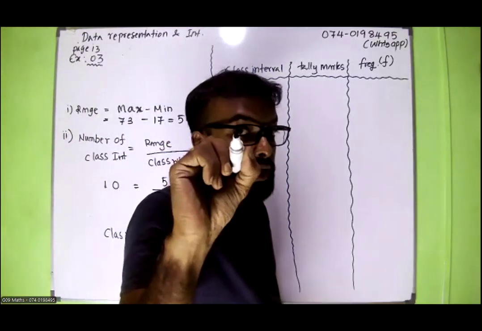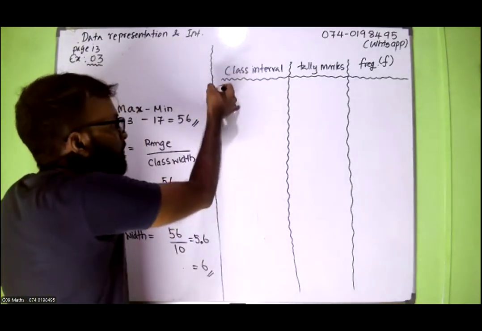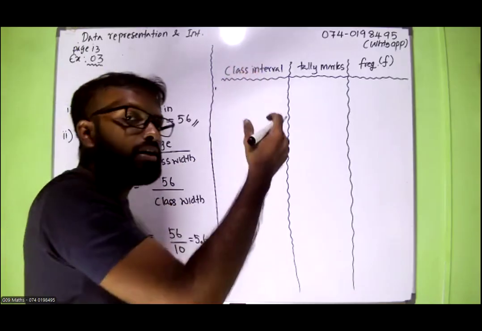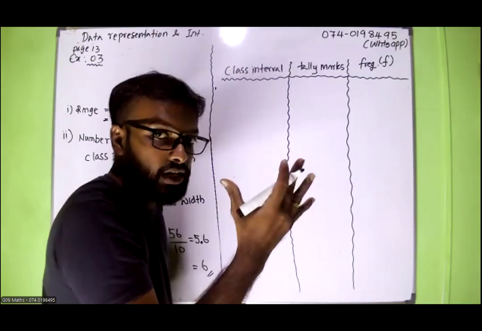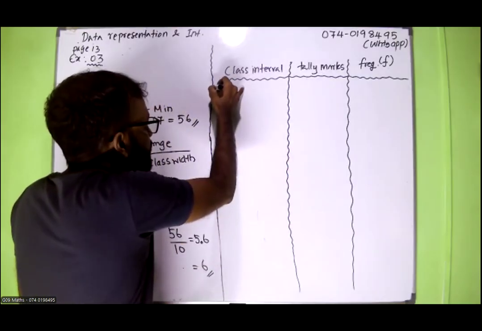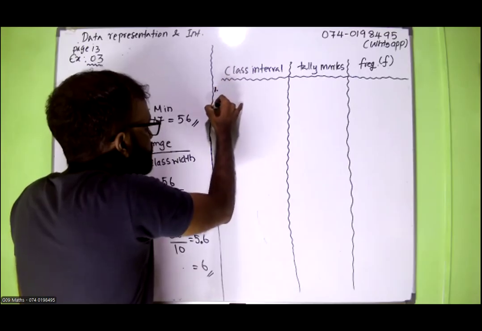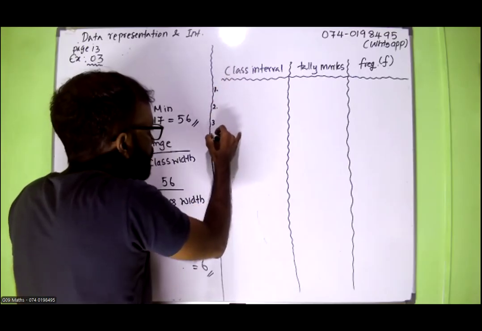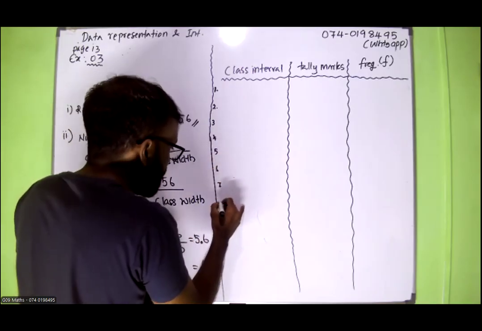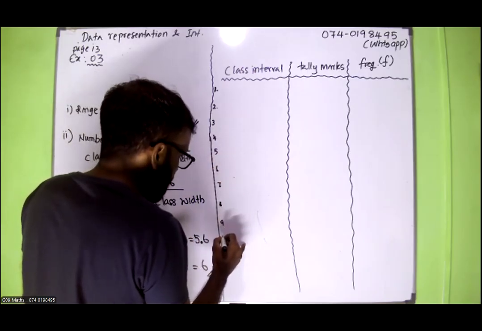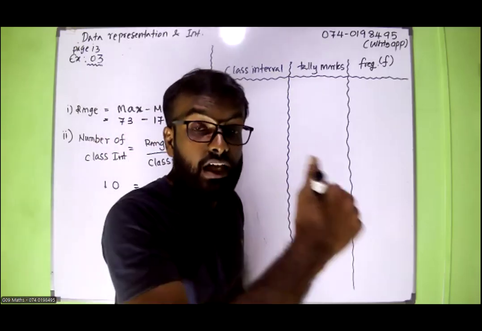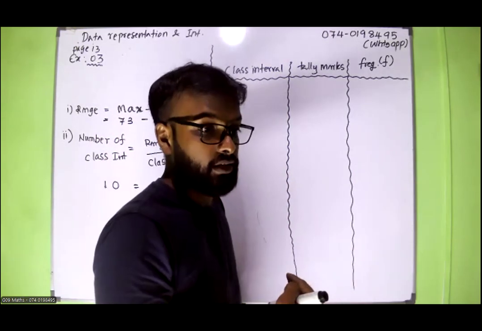Now I am taking my pencil and putting some small numbers here, because we have to define 10 class intervals. I am going to put numbers 1, 2, 3, 4, 5, 6, 7, 8, 9, 10 very small, so I know where to stop.